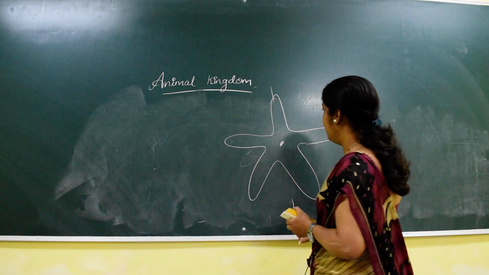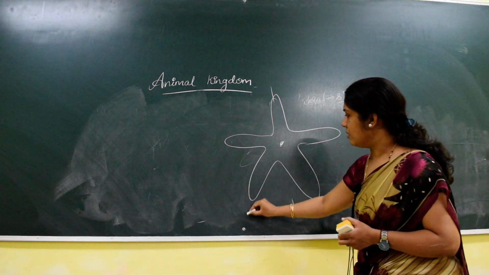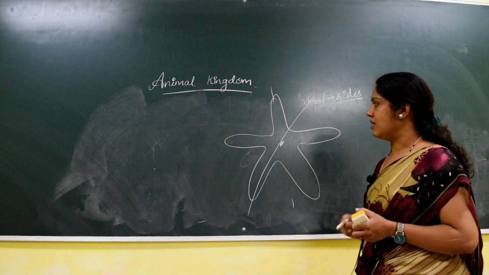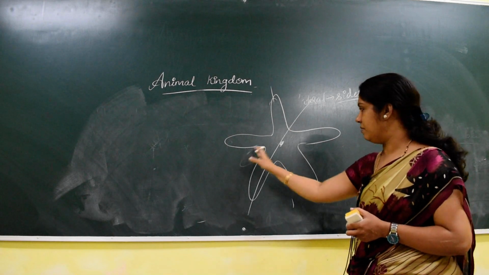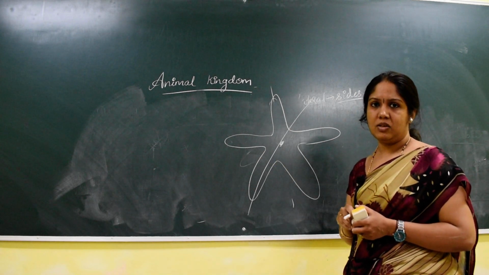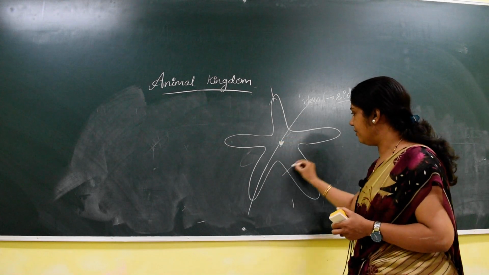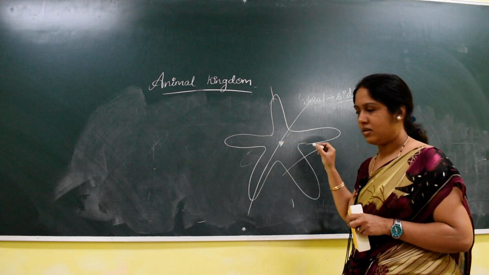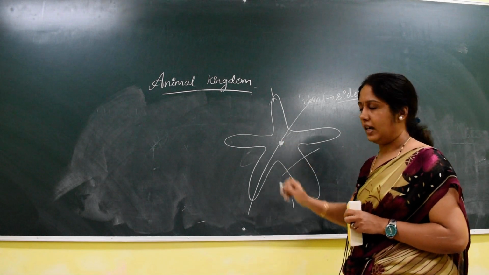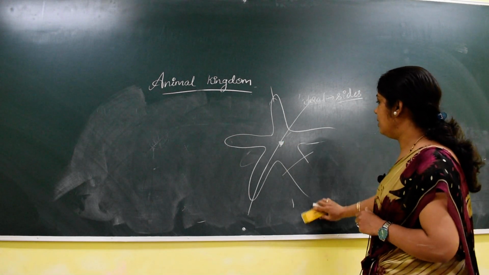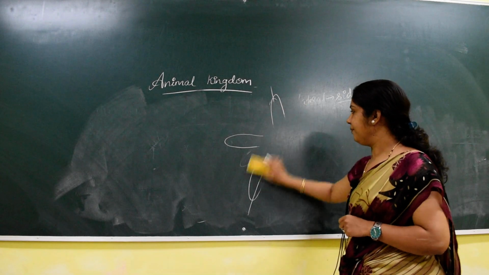Passing through the central line, if we cut the organism, we will get two equal halves that are mirror images of each other. So central line is very important. Understood? It has to cross. If I cut from here, then we won't get two equal halves. Passing through the central line or central axis is very important. So that is radial symmetry.